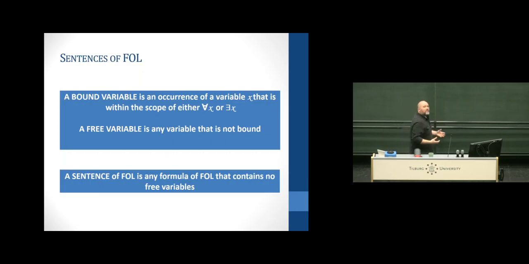And then the last type is FOL sentences whose main operator is one of our quantifiers, either the universal or the existential. So if we're going to think about when FOL sentences are true or false, we're going to have to think about those three different groups.